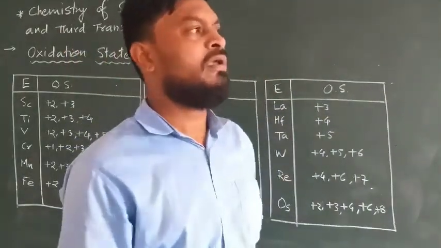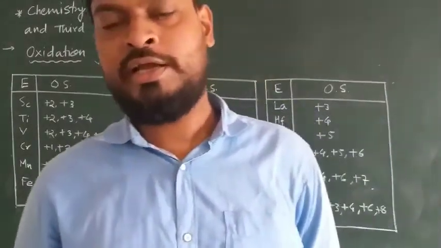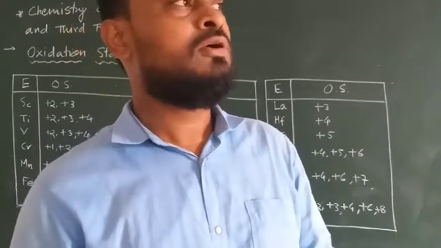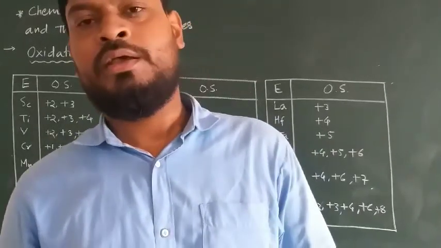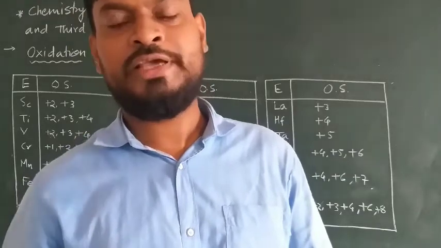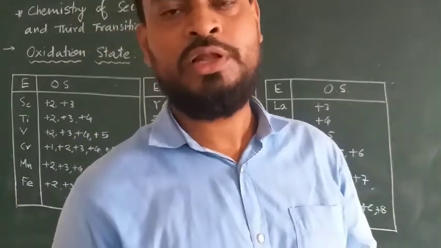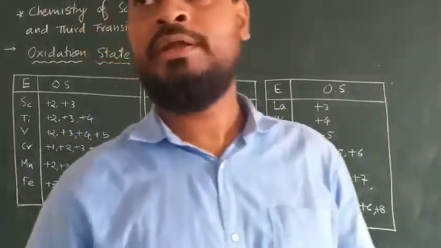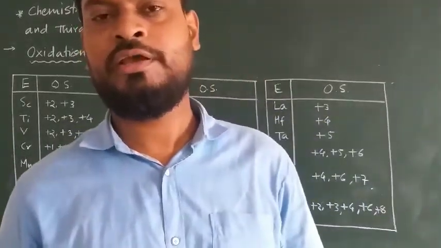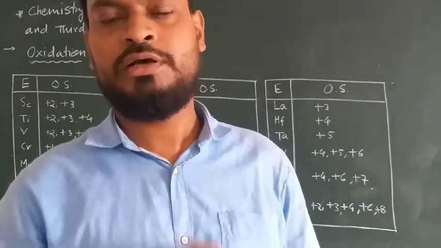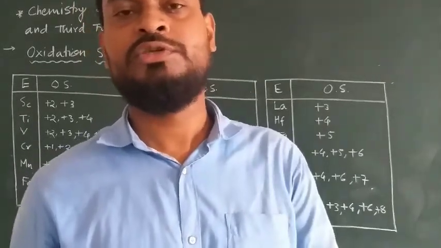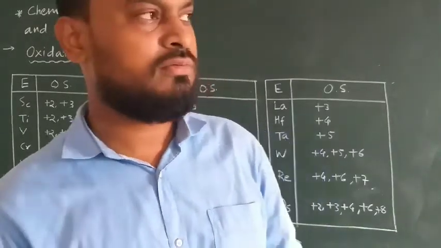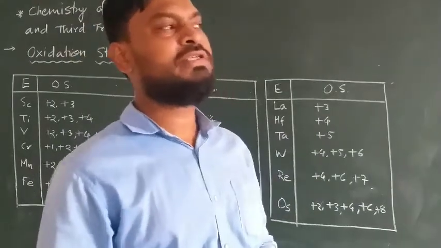If you carefully look at the electronic configuration, for example chromium or copper, in the 4s orbital there is only one electron. So that one electron, that element can donate to form any compound. While forming a compound, these elements can donate one electron. So because of that, the minimum oxidation state of some of those elements is +1.